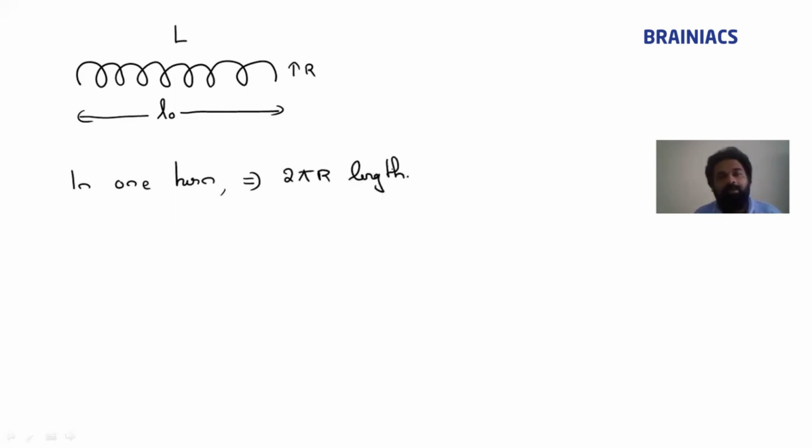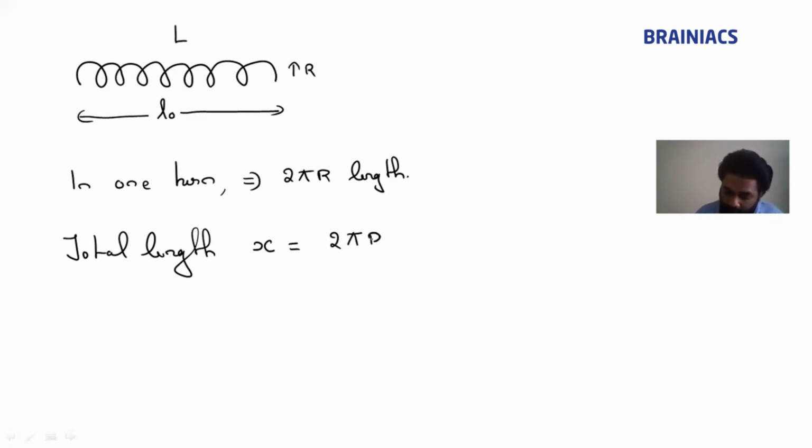In one turn, there is 2 pi r length. So total length will be what? Suppose total length we consider as x, for one turn it is 2 pi r. So this is going to be 2 pi r into n, total number of turns. This is the total length of the wire.